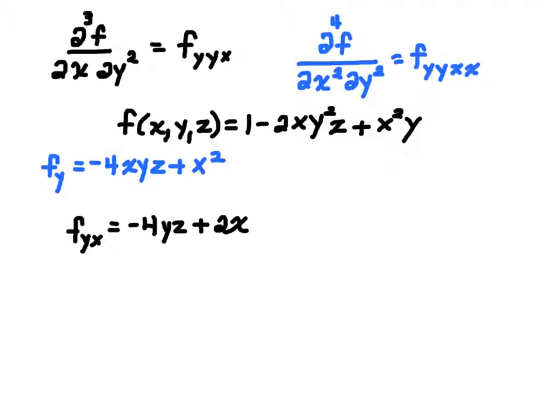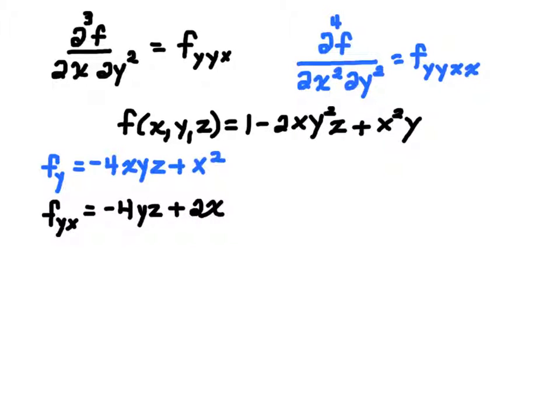We'll move that up. Now let's find the partial derivative of f with respect to y, and then with respect to x, and then with respect to y. So that's going to take the result from the one above and find its partial derivative with respect to y, which is going to be 4z.